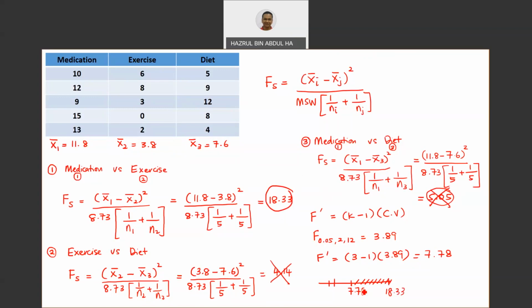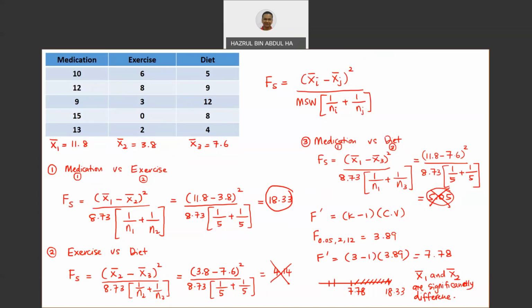So the conclusion is x bar 1 and x bar 2 are significantly different, that is, between medication and exercise.